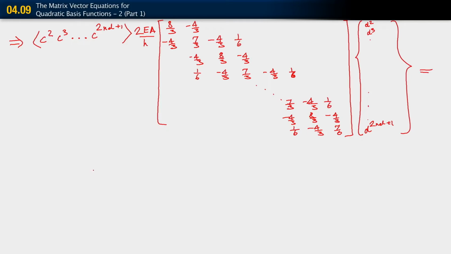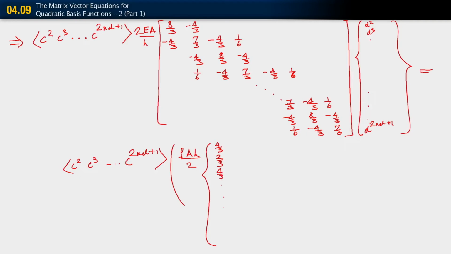This is equal to, on the right hand side, again we have our C vector, C2, C3, C2NEL plus 1, okay, multiplying now FAH over 2. Here we have 4 over 3, 2 over 3, 4 over 3, going all the way down until the very last entry here is 1 over 3.